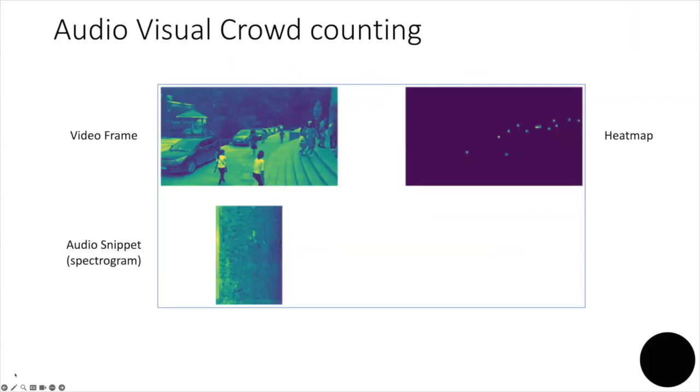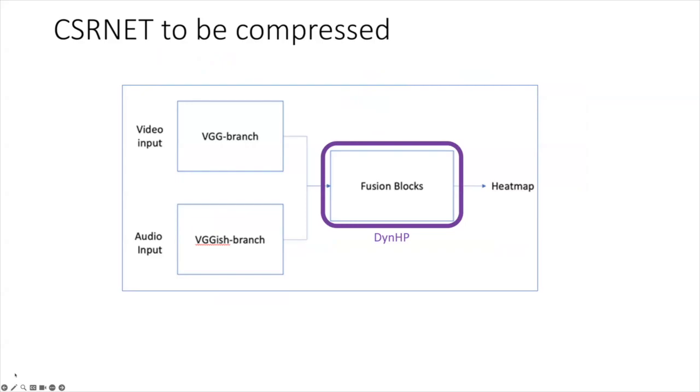As shown in the example, the data is composed of video frames representing the scene under observation, an audio snippet capturing the audio in the scene, and the expected output is a heat map where the values different from 0 represent the location where people are in the scene. The AI model used for testing is the CSRNet model developed by Aarhus University and used in the AVCC component developed by MARVEL.